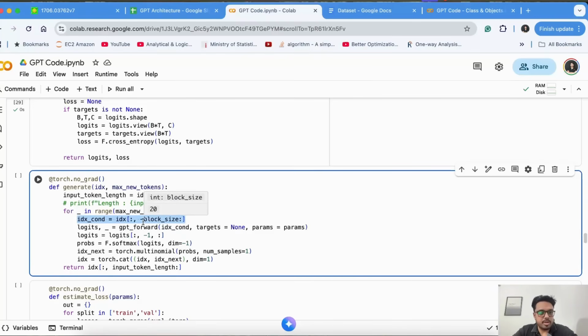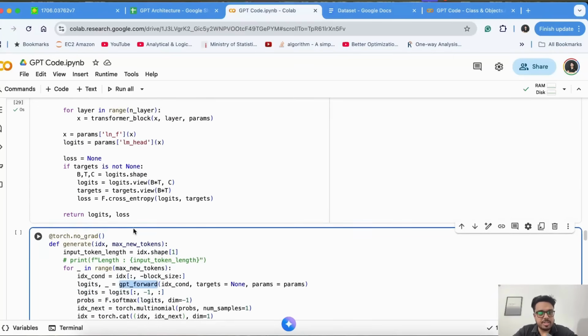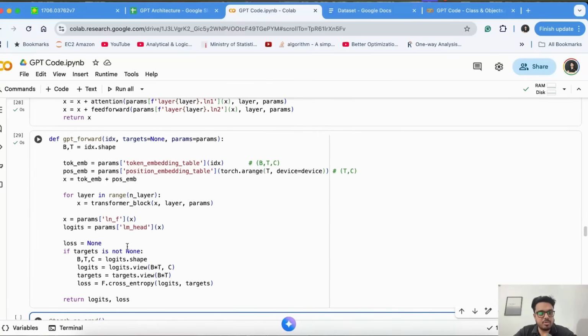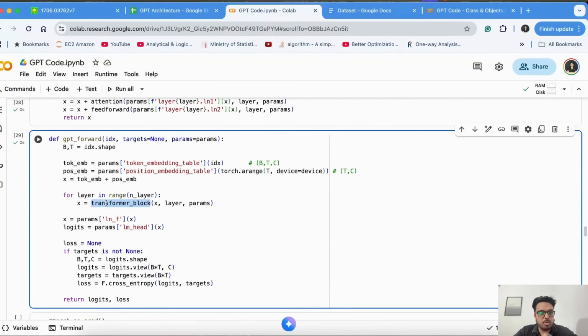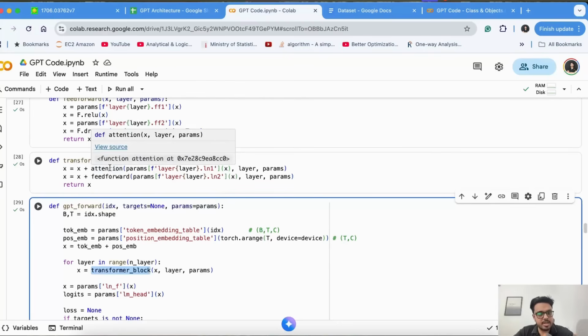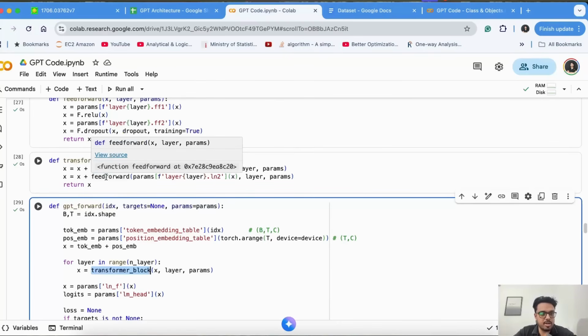If the input sequence length is less than 10, then it obviously takes whatever input sequence has been given. But if it is more than 10, then it takes the last 10 input tokens, and then it calls the GPT forward function, which we have already discussed, which in turn iterates through the token embedding, position embeddings, then the transformer block, which takes care of the attention and the feed forward layer.